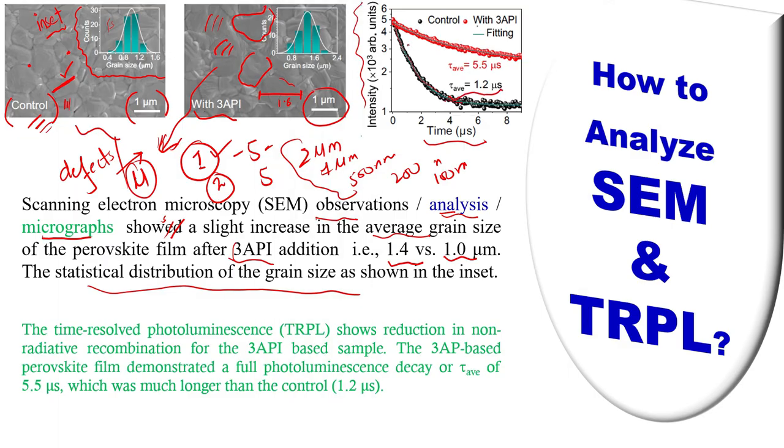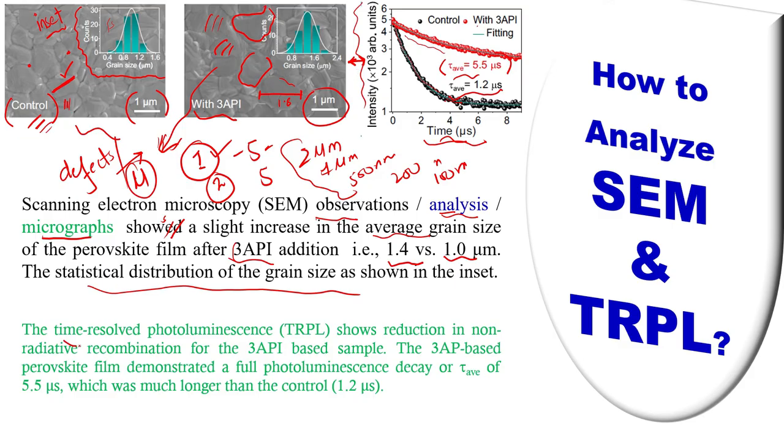The 3API one decays slower. This means that its average lifetime is longer than the control or pristine one. So it also validates the results from SEM. These results support each other when we want to interpret them in a research paper.